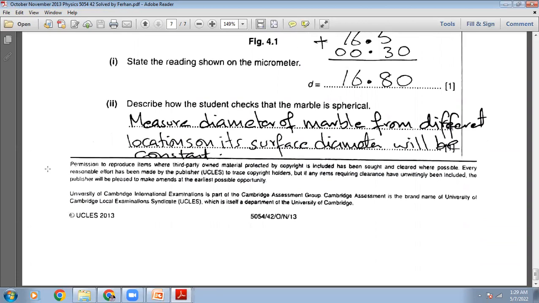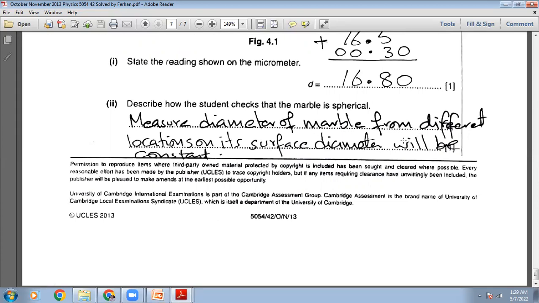Okay. The last question is: describe how the student checks that the marble is spherical. So you can measure the diameter of the marble from different positions on the surface of the marble. If you find that from every position the diameter is the same, it means that the marble is a sphere, a perfect sphere.